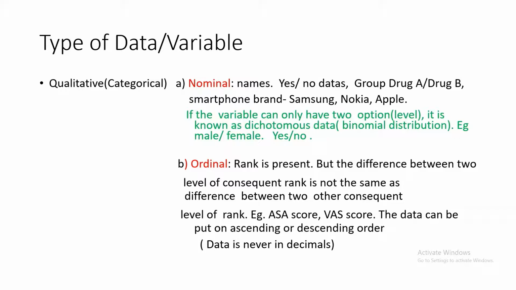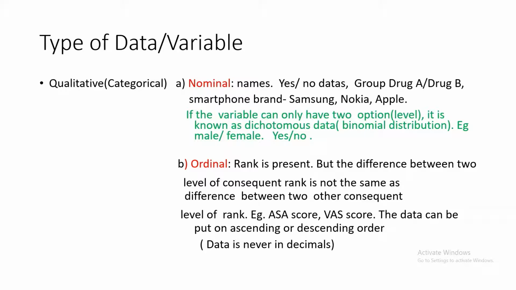The next example is smartphone brand like Samsung, Nokia, Apple. So smartphone brand is qualitative data. And if the variable can only have two options, it is known as dichotomous data. If you take sex as an example, there are only two options possible, that is male and female.